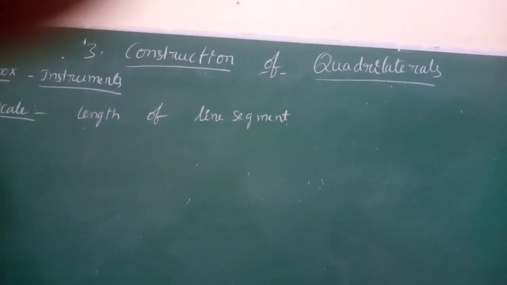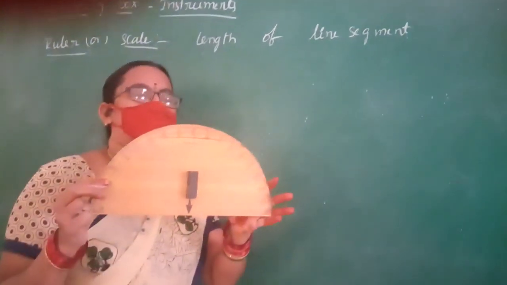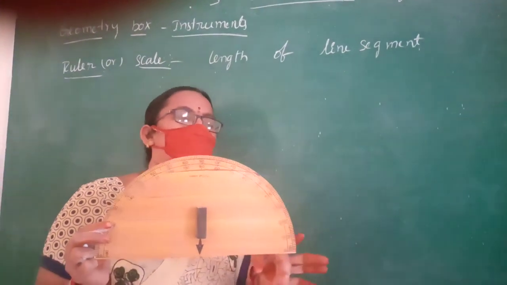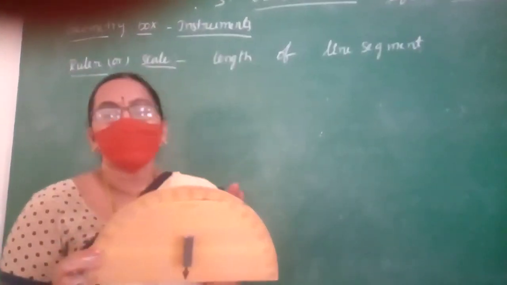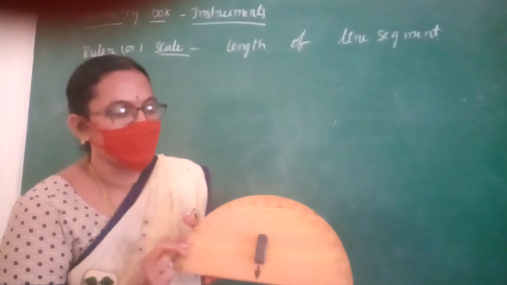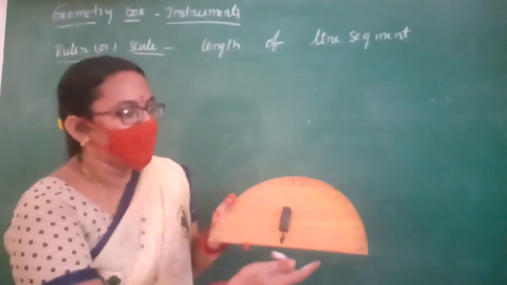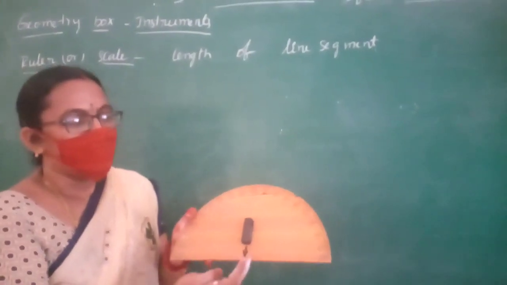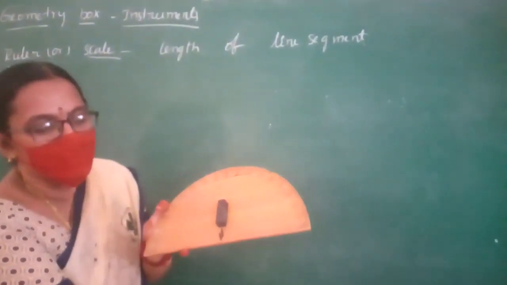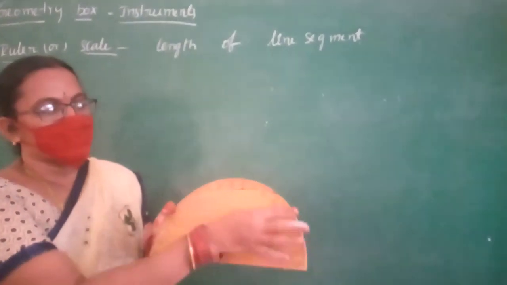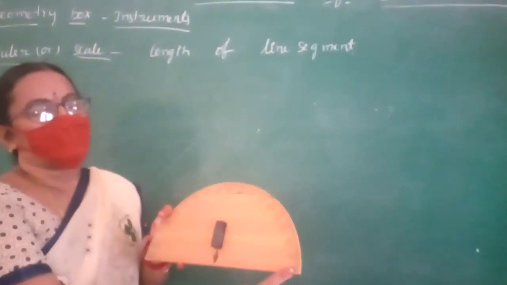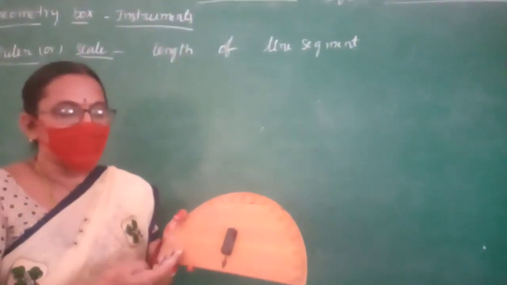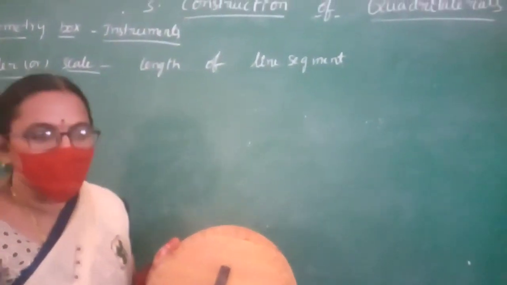Okay, children, what is this instrument? Generally we call it a decoder, but it is called a protractor. It is also called a semi-protractor. Why is it called semi-protractor? Because the other half is missing, so this is half of the complete protractor. That's why it is a semi-protractor. But for which purpose do we use it?